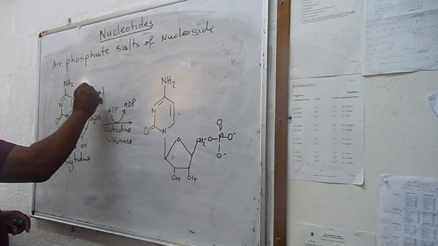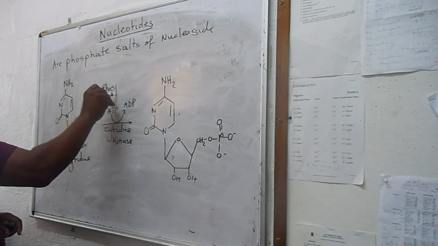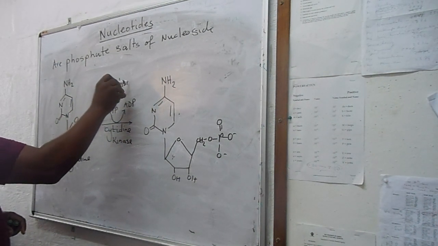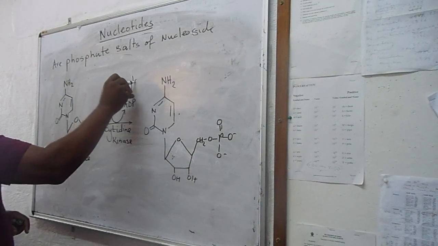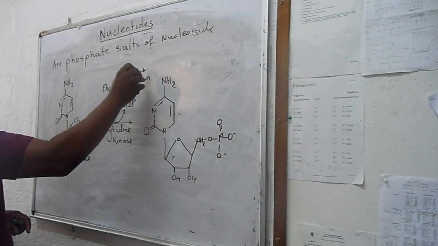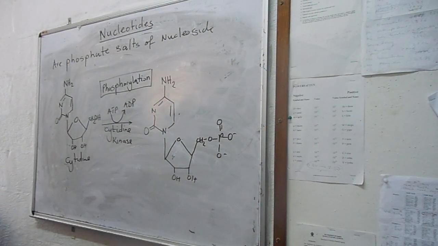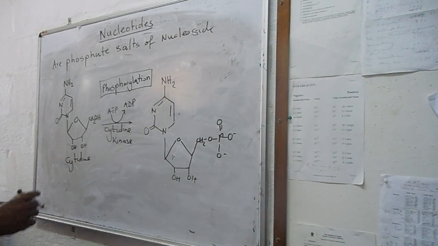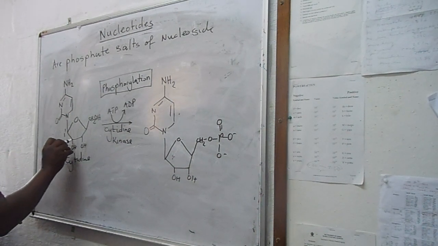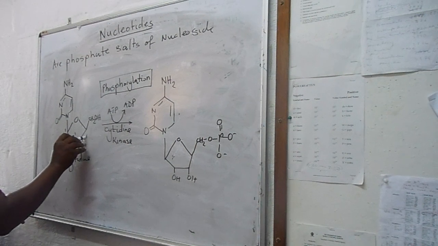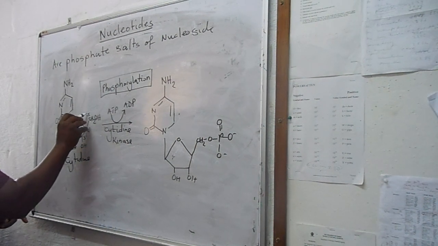We have just phosphorylated it. The reaction is a phosphorylation reaction. Where have we phosphorylated this? We have phosphorylated it at 5 prime. Remember, this is 1 prime, this is 2 prime, this is 3 prime, this is 4 prime, this is 5 prime.